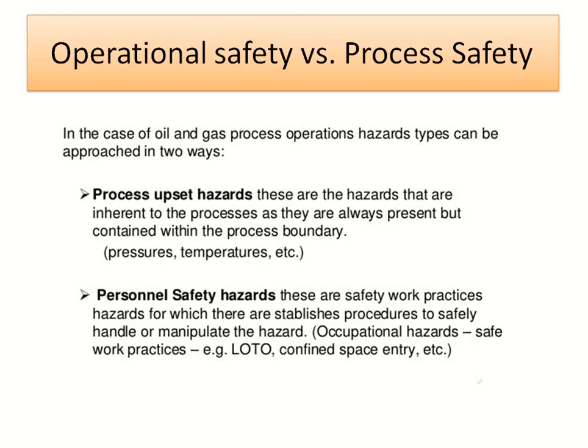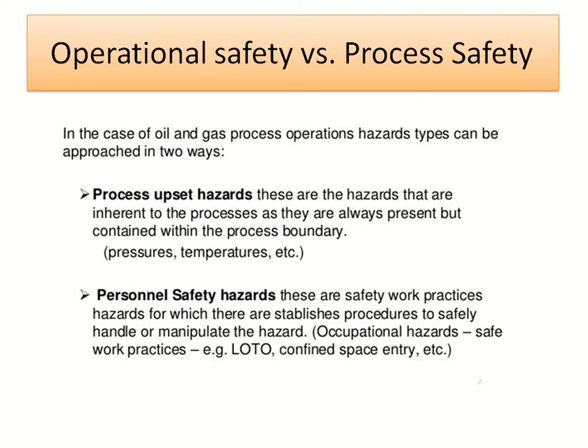Operational safety and process safety. In oil and gas process operations, hazards can be approached in two ways: process upset hazards and personal safety hazards. Process upset hazards are inherent to the process as they are always present but contained within a process boundary, such as pressure and temperature.